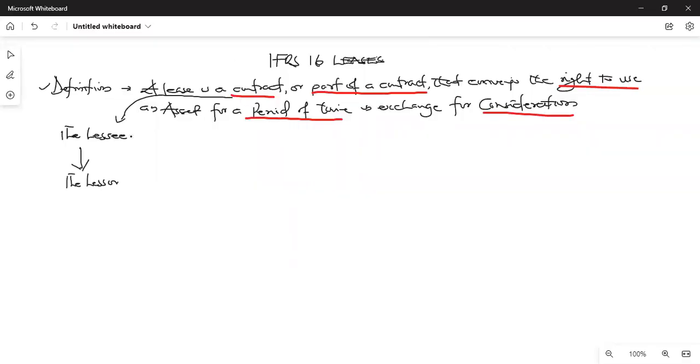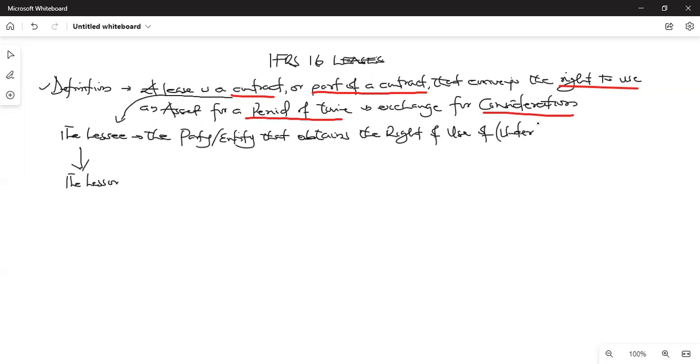Now, concerning the lessee, the lessee is the entity or party that actually obtains the right of use of the asset in question, the underlying asset.